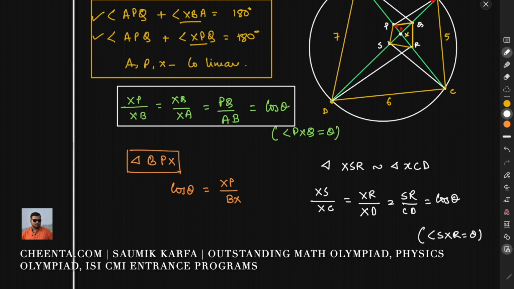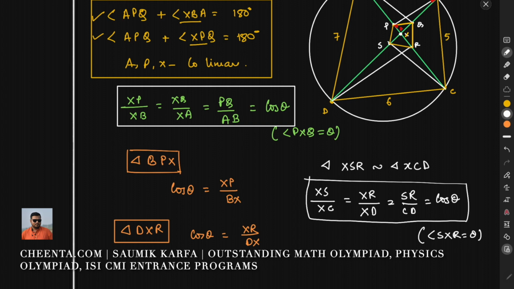Maybe we can consider the triangle DXR, and in that triangle we will find that cosine of theta is nothing but, here DX is our hypotenuse, and XR is the base. So basically XR over DX is our cosine of theta, which we have here. So this must be equal to cosine of theta, and all these ratios are equal to cosine of theta. Okay, so that's another conclusion that we found out.